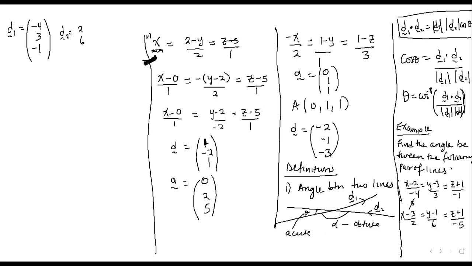Are you seeing that? It is x minus 3 over 2 is equal to y minus 1 over 6 is equal to z plus 1 over negative 5. No, this negative 1 is for the known point.